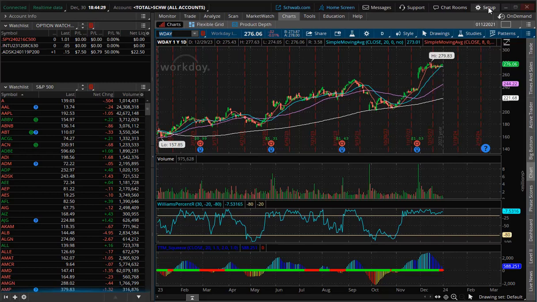What's nice about the on-demand feature is that you can use the calendar setting to set the date to almost any trading date in the past.